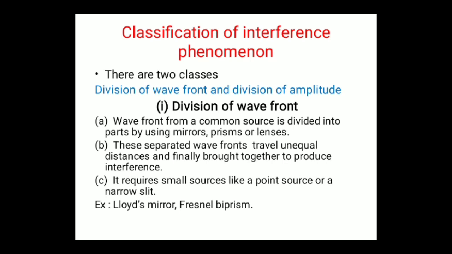The separated wavefronts travel unequal distances and are finally brought together to produce interference. This class requires a point source or a narrow slit. Examples are Lloyd's mirror and Fresnel's biprism.